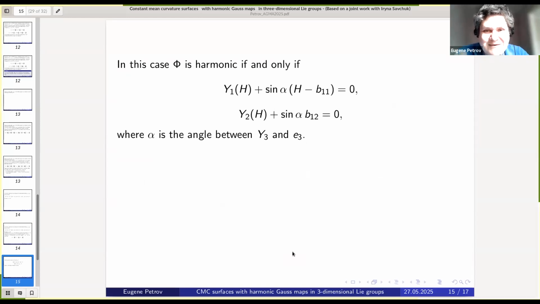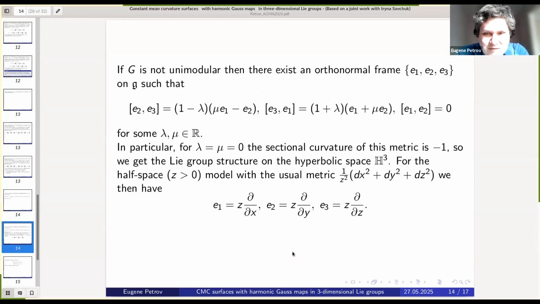So we again have some terms of external geometry, some second fundamental form, and also we again have the angle between Y3 and E3. Let's recall that E3 is the vertical direction.